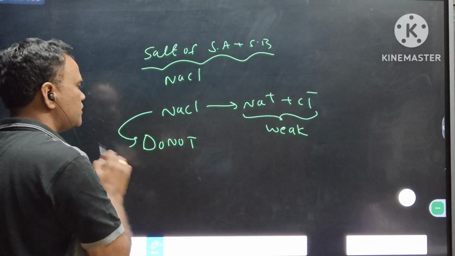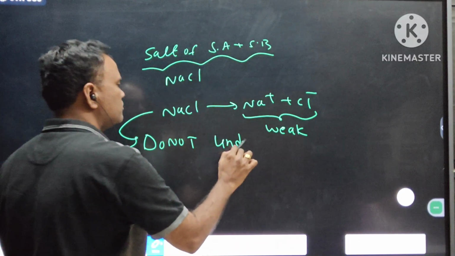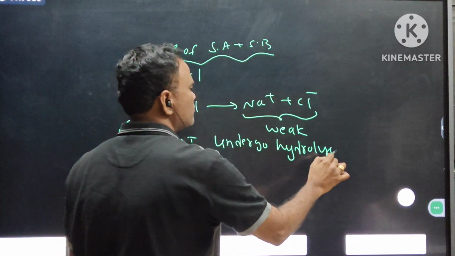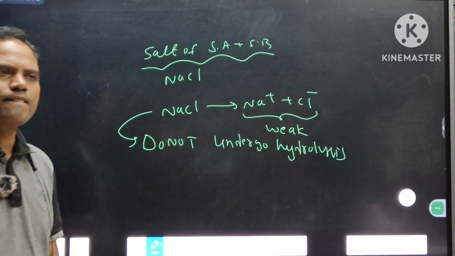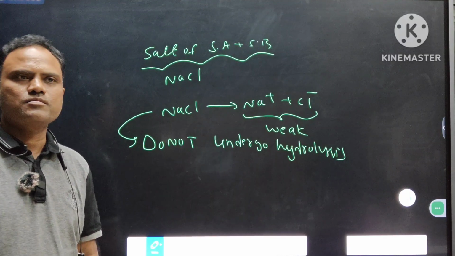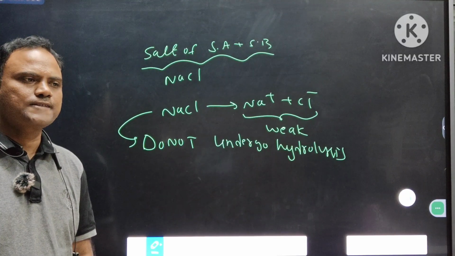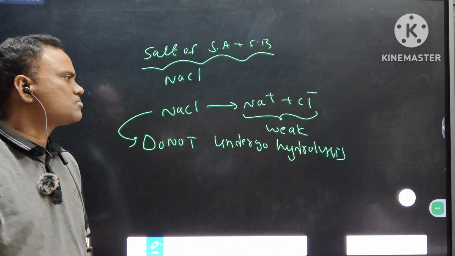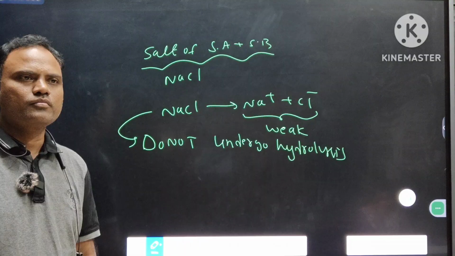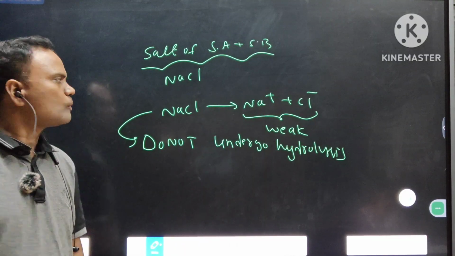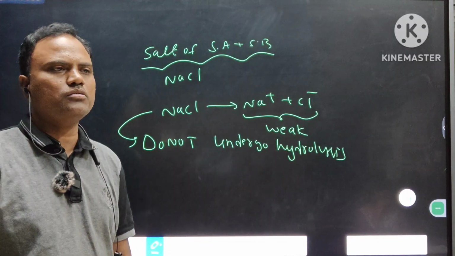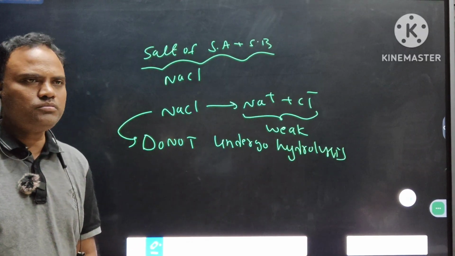NaCl does not undergo hydrolysis, so there is no formula. NaCl, K2SO4, these salts do not undergo hydrolysis.